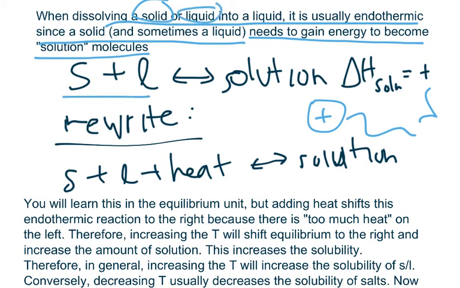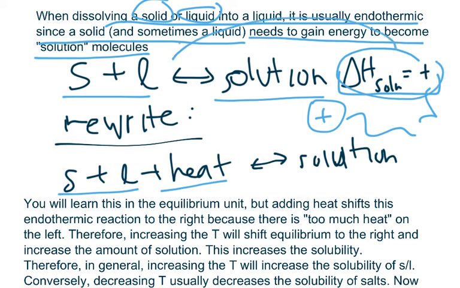So solid plus liquid becomes solution, and the delta H of solution is typically positive, and we can rewrite this as solid plus liquid plus heat, since it's endothermic and we have to add heat to make it happen, becomes our solution.